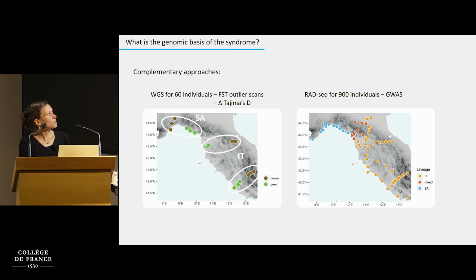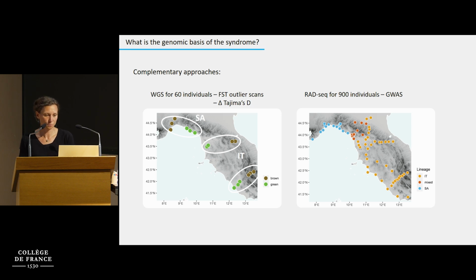We also complemented this with an independent data set on 900 individuals for which we had generated RAD-seq data, and we conducted a genome-wide association study on these 900 individuals. As a response variable, we used the first principal component of all syndrome traits. Since all of them are correlated really well, this PC1 has a very high explanatory power for the phenotypes that we're dealing with.